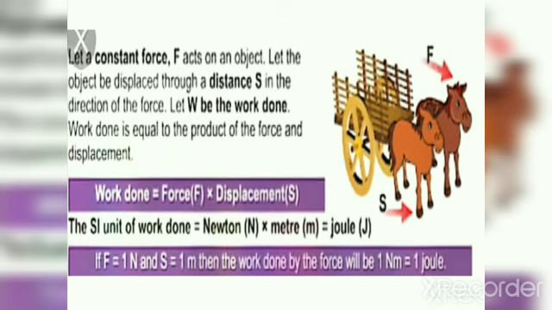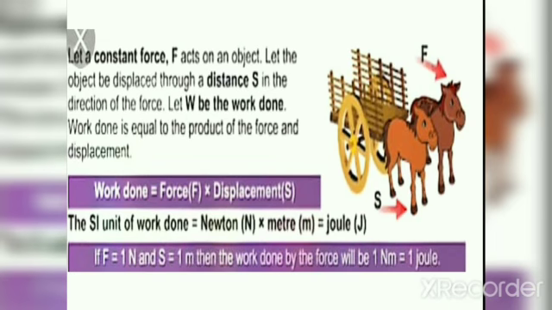Did you understand what work is? When do you say work is being done? And what is the formula to find the work done? It is the product of force and displacement. The SI unit of work done is Newton meter or joule.